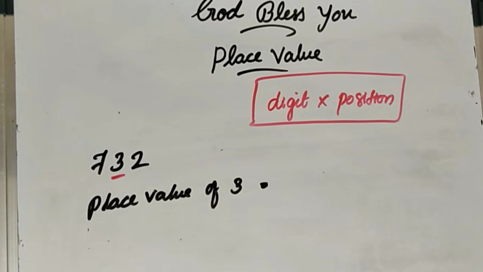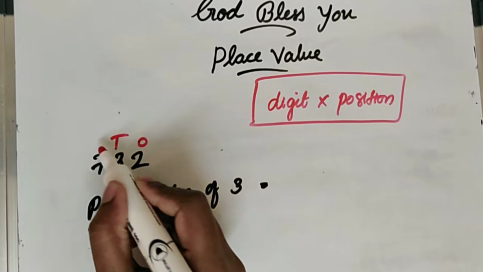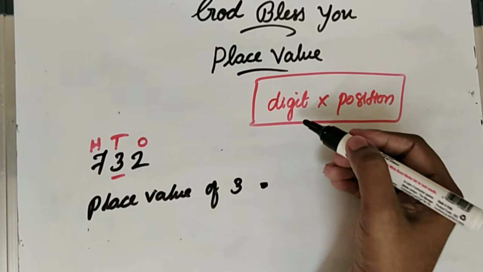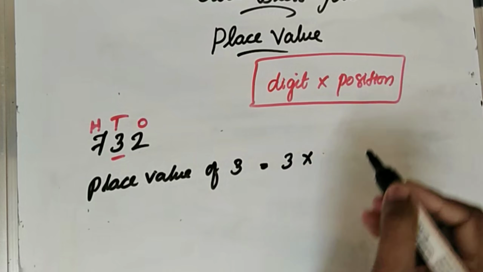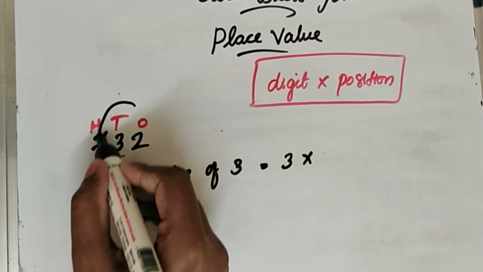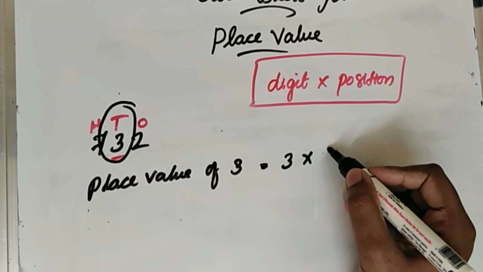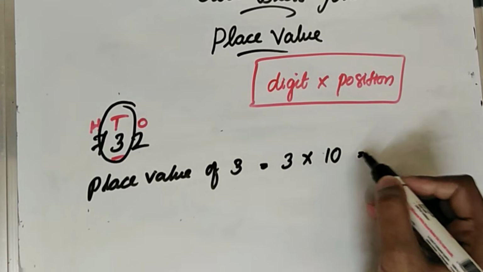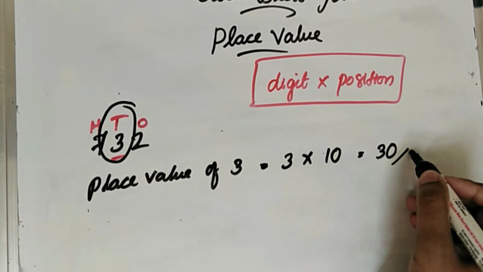Here 2 is at 1's place, 3 is at 10's place, and 7 is at 100's place. Therefore, from the equation, the digit is 3, multiplied with its position, which is 10's position. So we can write it as 10, and therefore the place value of 3 is 30.